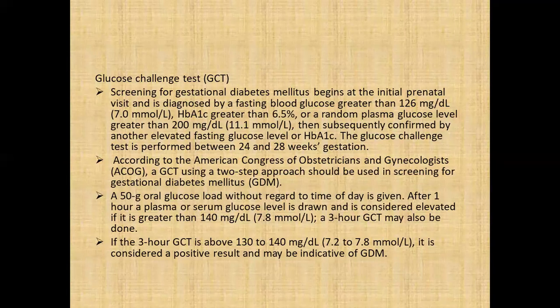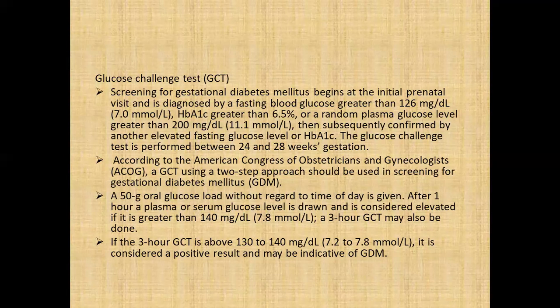And the fetus's body was made to adjust to that by producing adequate insulin. The pancreas was made to produce more insulin, right? So that it will metabolize the excess glucose it is getting from the mother.